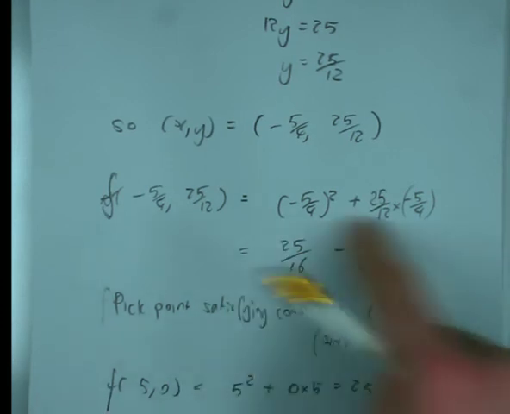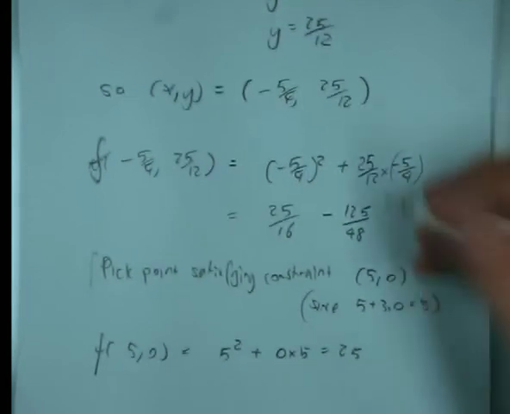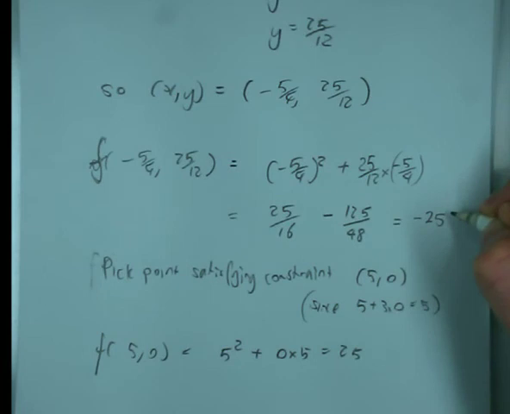So what was this answer? Negative 25 over 24. Yeah.